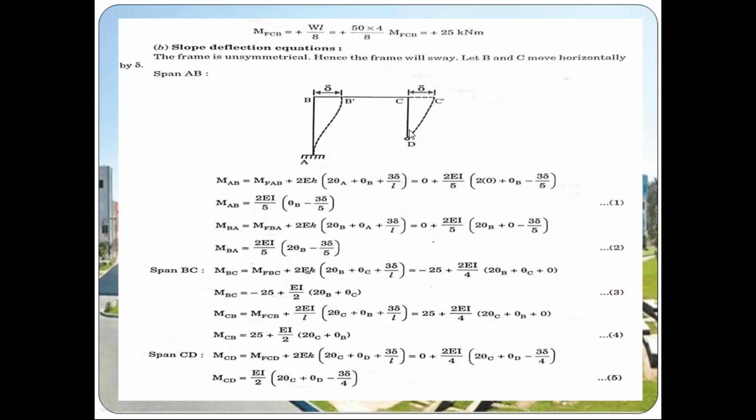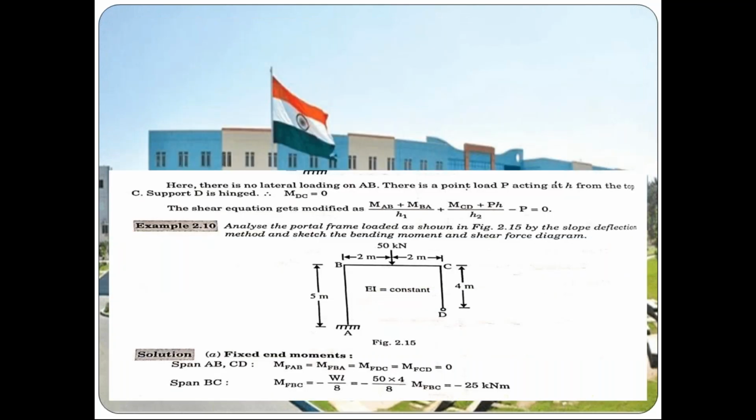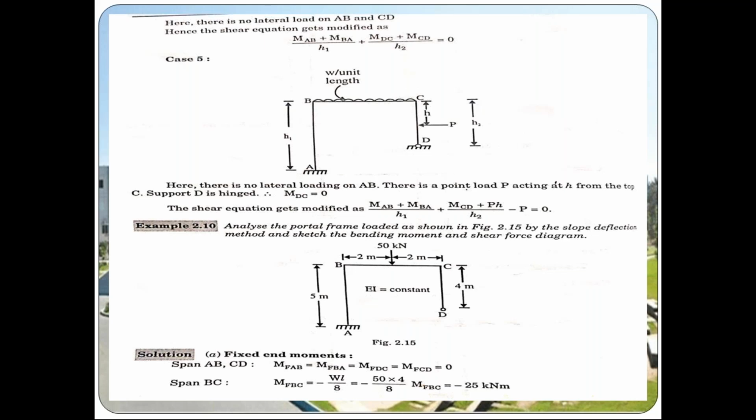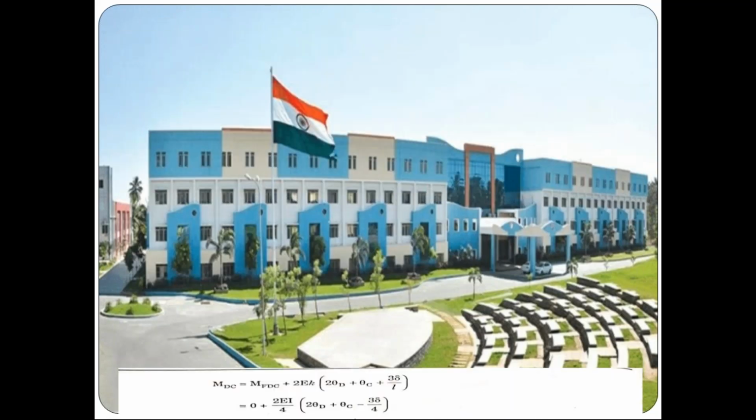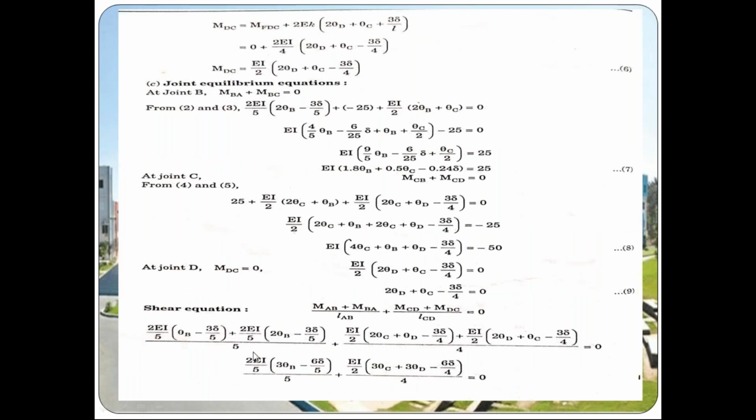Joint D has no moment because joint D is a hinge support, so MDC will be 0. We don't have any load on span CD either. So the shear equation is (MAB plus MBA) divided by LAB plus (MCD plus MDC) divided by LCD equal to 0.